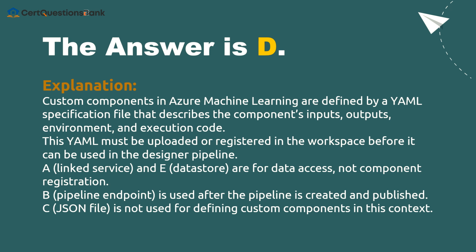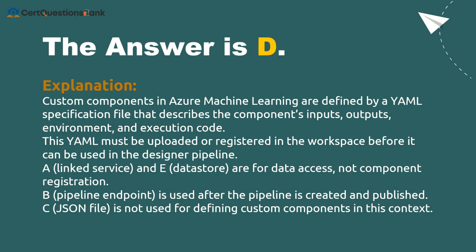The answer is D. Custom components in Azure Machine Learning are defined by a YAML specification file that describes the component's inputs, outputs, environment, and execution code. This YAML must be uploaded or registered in the workspace before it can be used in the designer pipeline.